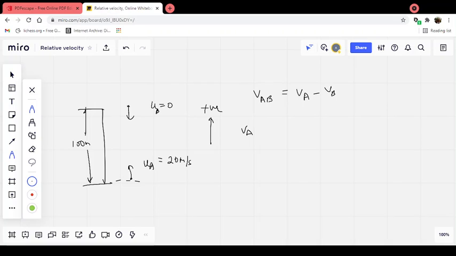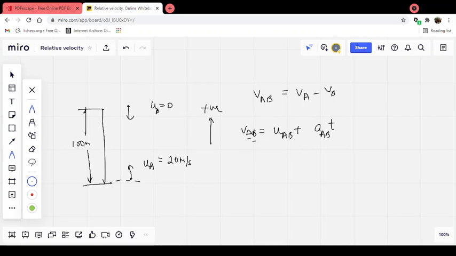Or we can use the formula which we learned, that we can write again and again by using subscripts, that is V is equal to U plus AT. So we can simply write V is equal to U plus AT, and we can put subscripts AB at all the velocities and acceleration, and we will get the velocity of the ball A with respect to B at any time.